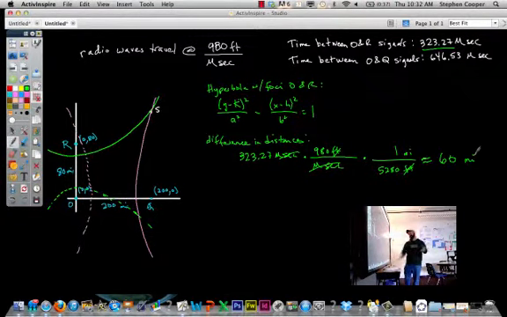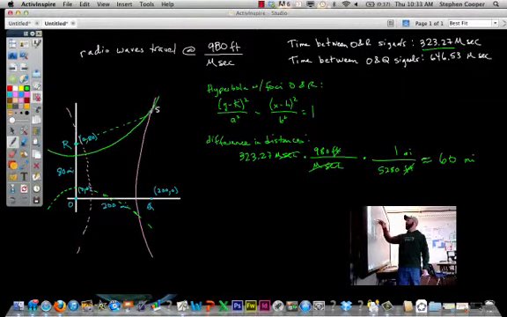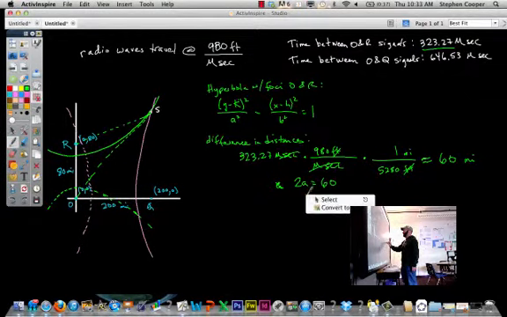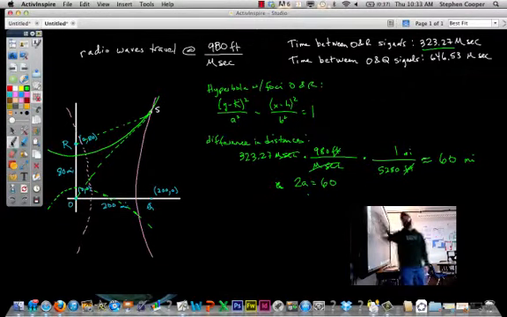So that 60 miles is the difference in the two distances between R and S and between S and O. The difference between those two distances is 60 miles, and that difference in a hyperbola is 2a. So that means that a in this hyperbola really would be 30.